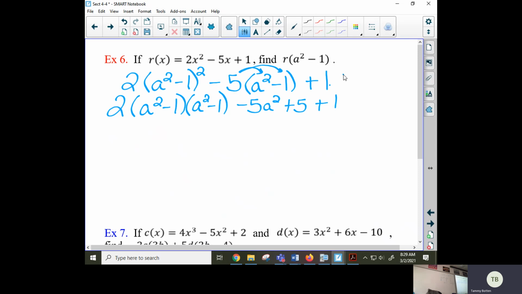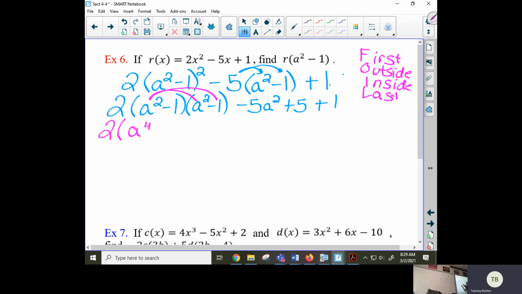Okay? Now, what I would do next is FOIL this. So I'd keep that 2 out there. Remember FOIL. First, outside, inside, last. So we're going to first multiply a squared times a squared, which is a to the fourth.